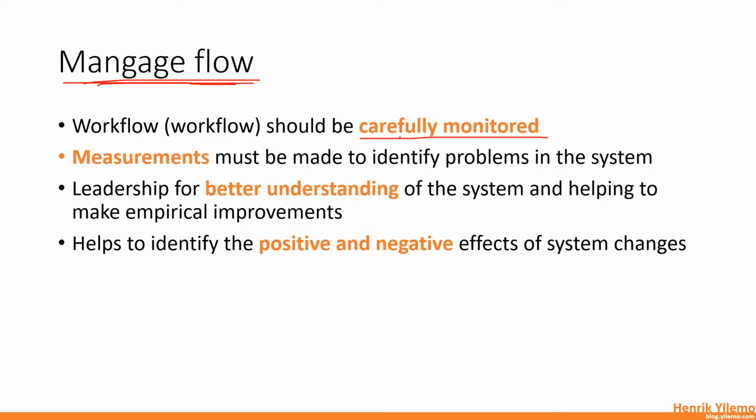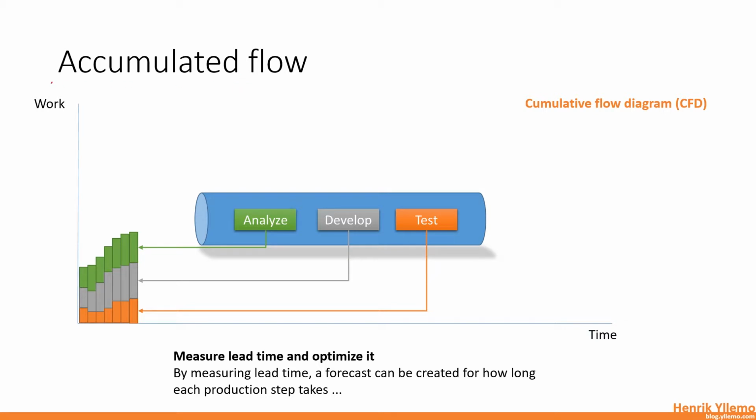And measurements should be done in order to identify problems, so you can keep the measurements over time and use them to get a better understanding of how the system works and how you can make improvements based on your measurements, your previous estimates. It can also help you identify both the positive and the negative effects of any changes you might make to your Kanban board.